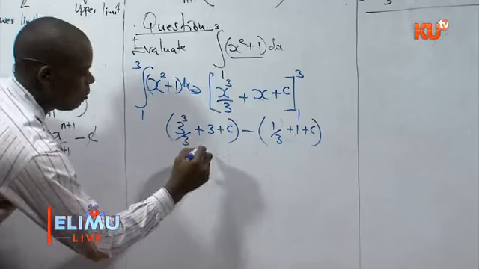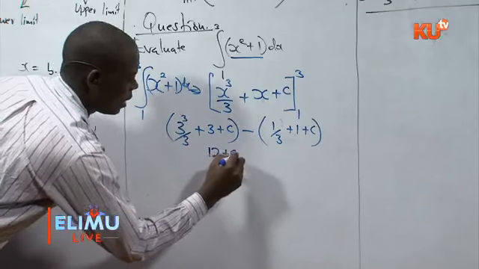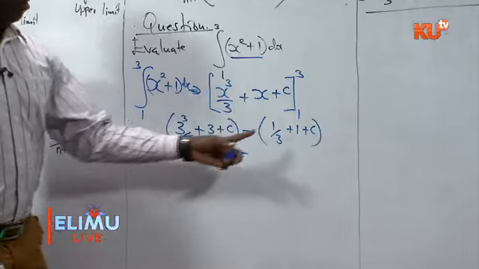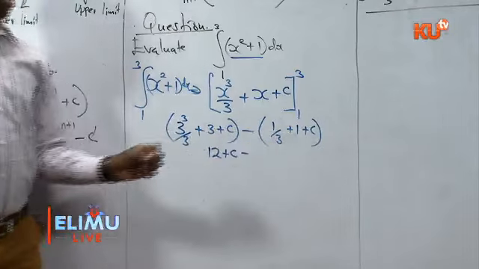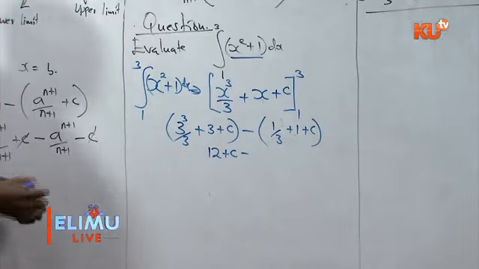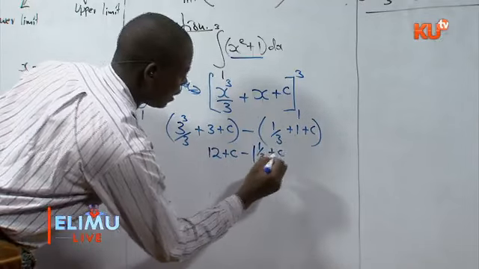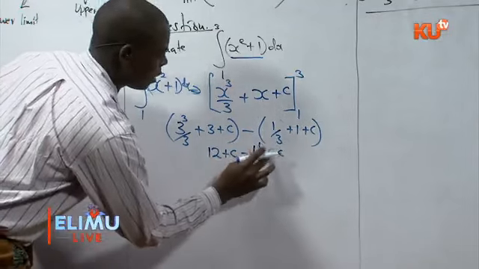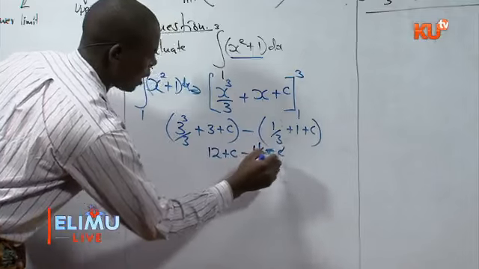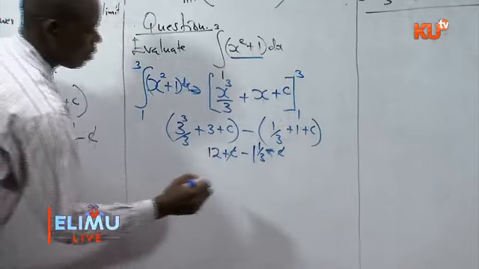So we'll have 9 plus 3, which is 12, plus c, minus 1 over 3 plus 1, that should be 1 and a third, then plus c. Minus, that is minus c. So the negative and the positive c's will cancel.